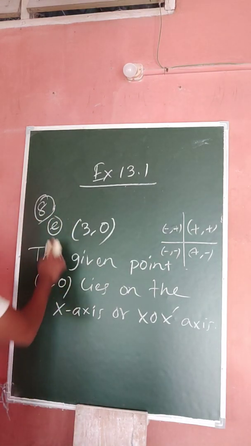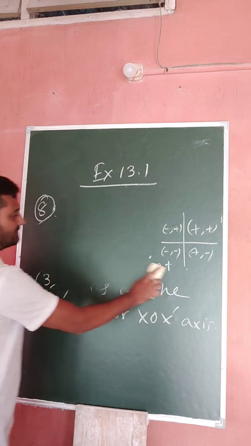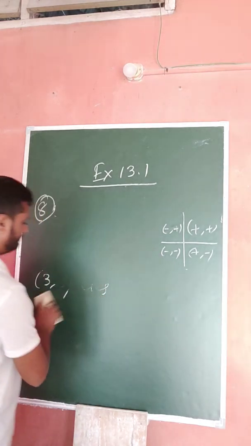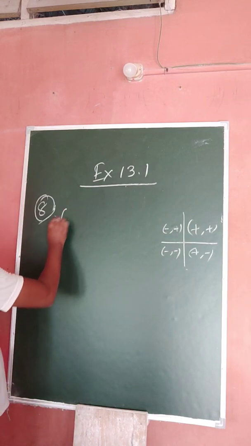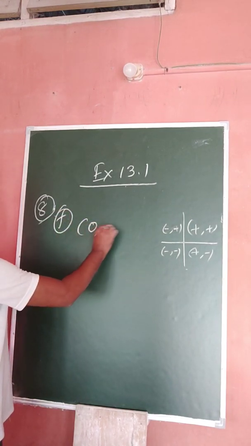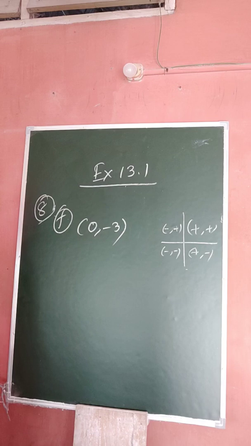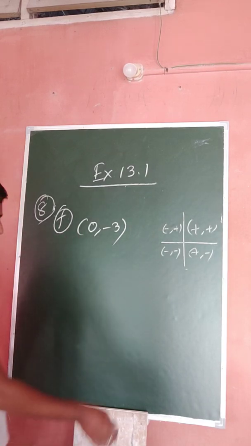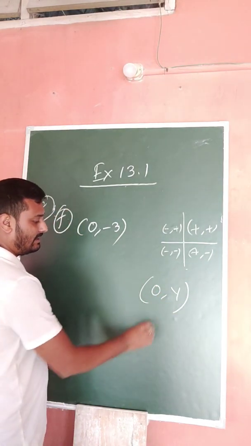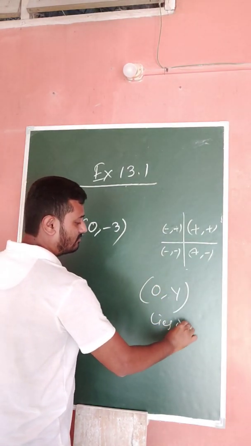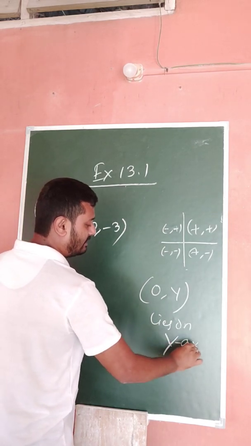Now the last question, number F, which is 0, -3. In this case, the x coordinate is 0 but the y coordinate is -3. We already discussed that any point with coordinates 0, y lies on the y-axis.